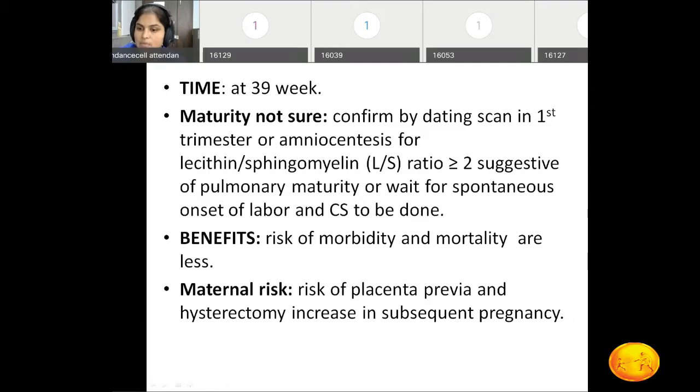The chances of hysterectomy increase if there are other placental abnormalities like placenta accreta or percreta. So in future, she might have placenta previa and hysterectomy due to placenta accreta or percreta.